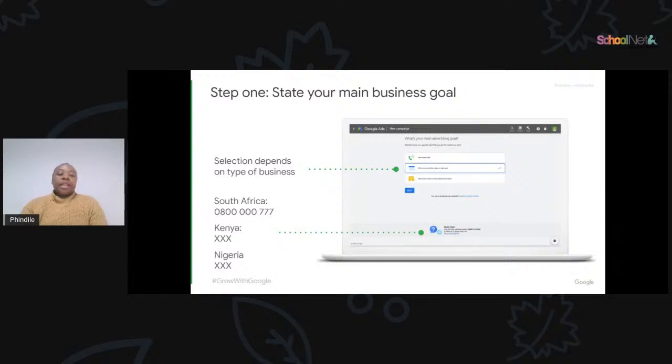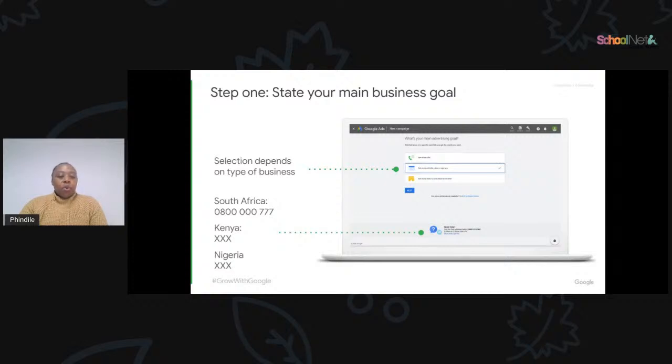It's really important for you to state what your business's main advertising goal is. So you select the type of your business, and then you add your main advertising goal depending on the type of business that you're doing.